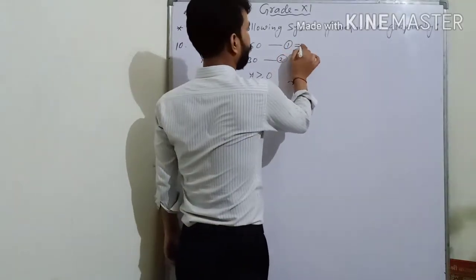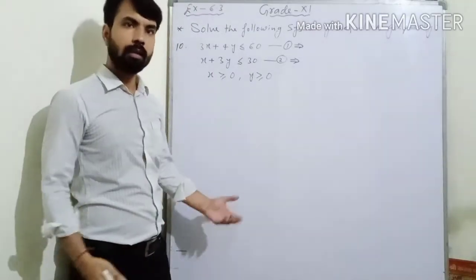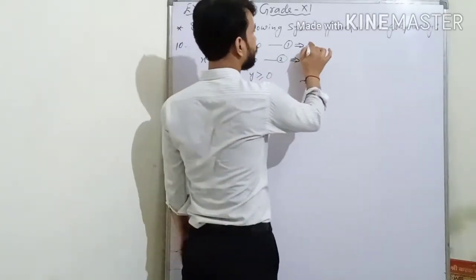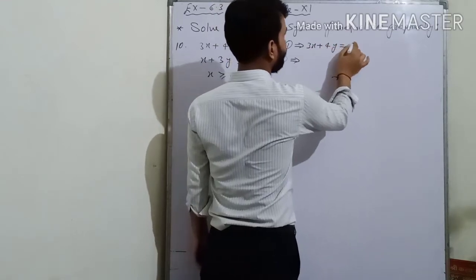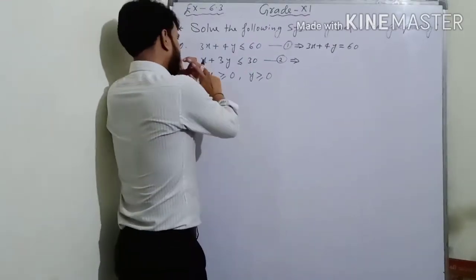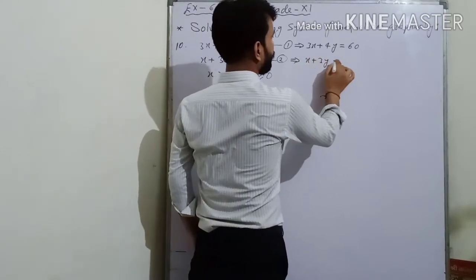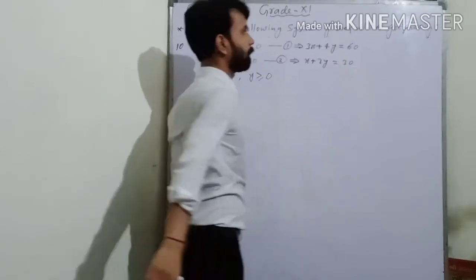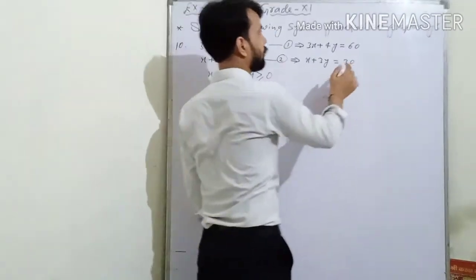So we will convert them into linear equations. So 3x plus 4y equals 60. Second is x plus 3y equals 30. Now we will have to find the points for these 2 equations.